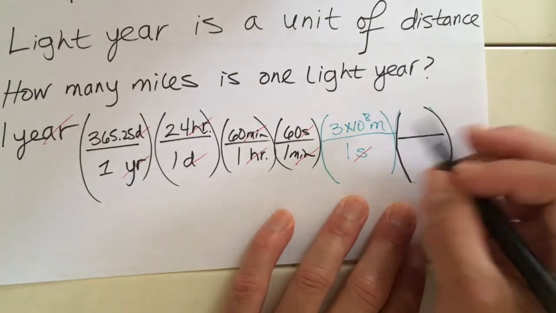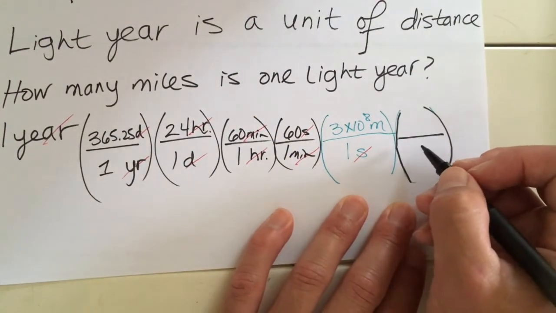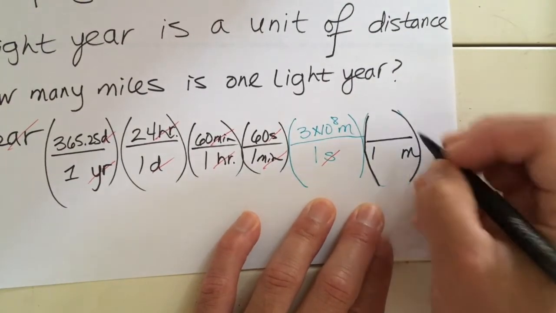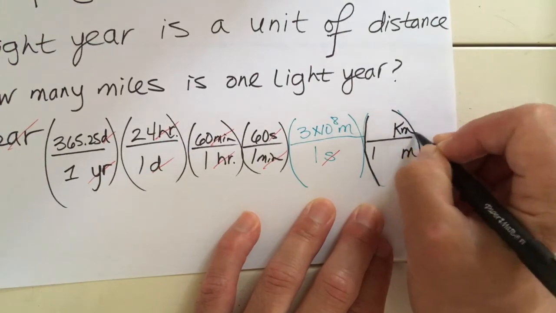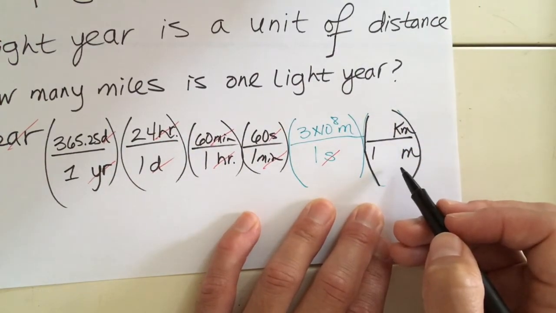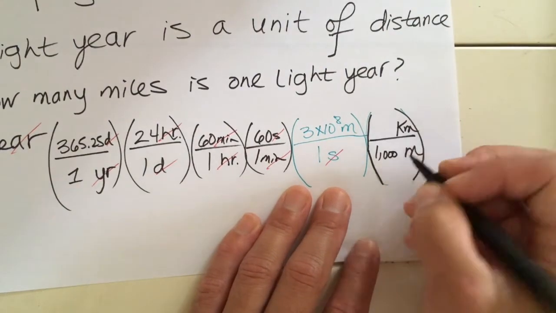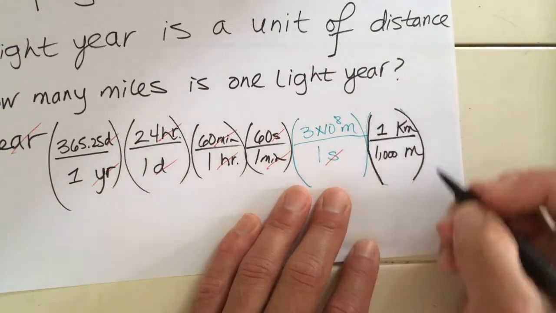All right, anyways, coming back to this, we're going to put meters on bottom and kilometers on top. So the number that goes with meters is going to be 1,000, and with kilometers is going to be 1.